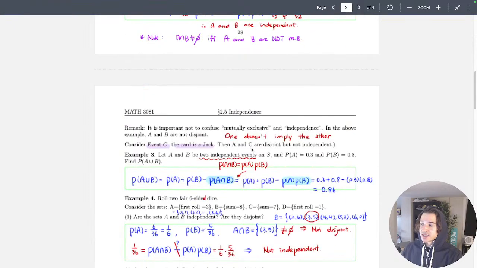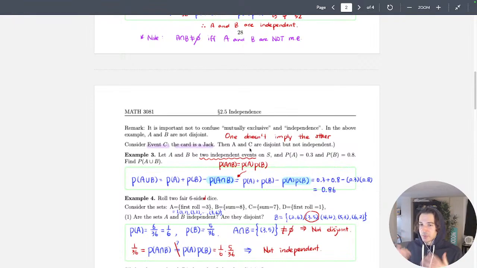But A and C are disjoint. If you think about it as a Venn diagram in a 2D plane, the circle for draw a king does not overlap with the circle for draw a jack, in the same way that the circle for draw a king could overlap with the circle for draw a diamond, right? So think about the overlap of the circles on a 2D plane as disjointness.